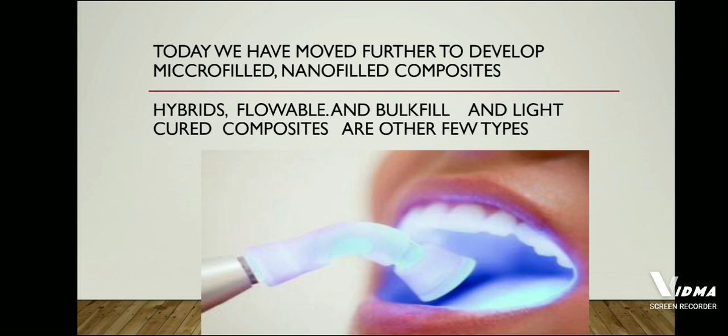Today we have moved further to develop various other composites, which are microfilled and nanofilled, so we keep on reducing the filler size. Also hybrids, flowable, bulk fill and light cured are further recent advancements in composite.